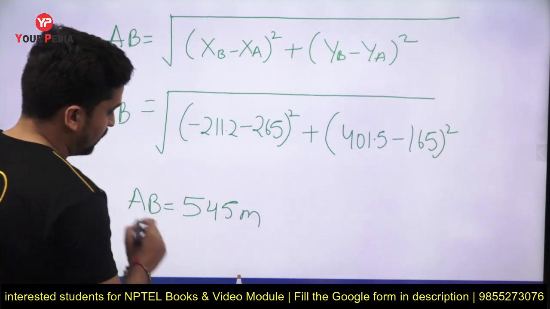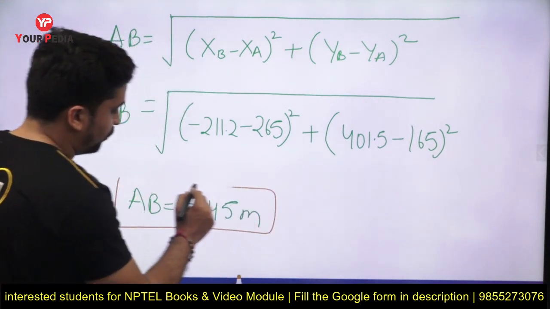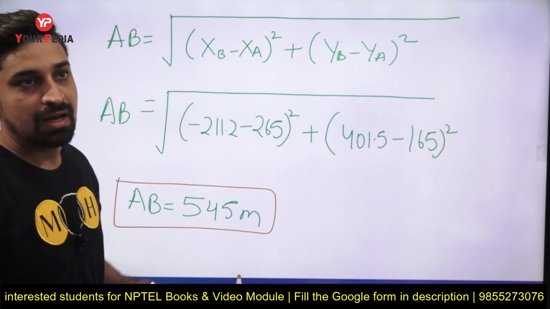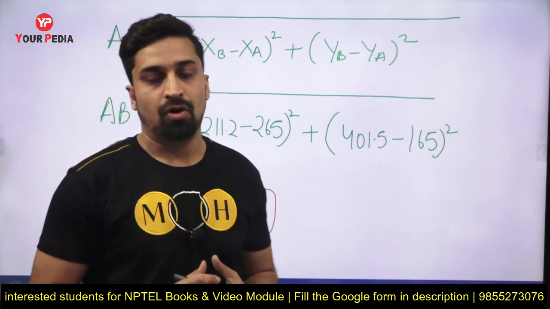So 545 meter is the length of the line AB on ground.